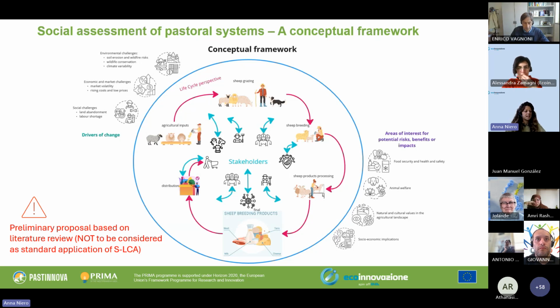What we understood is that in terms of social issues to be considered, we have two kinds of issues which are entering the system in different ways. On one side, we have issues related to challenges, needs, and other aspects which are acting as drivers of change in the system. The ones that we identified through this literature review and expert consultation are related to environmental challenges such as soil erosion, wildfire risks, wildlife conservation, climate variability.